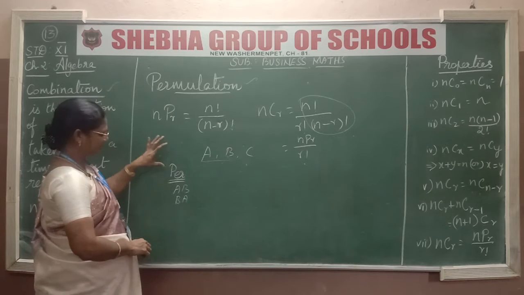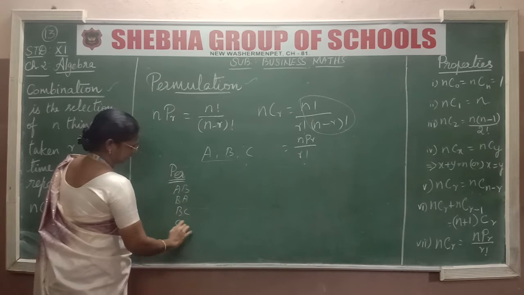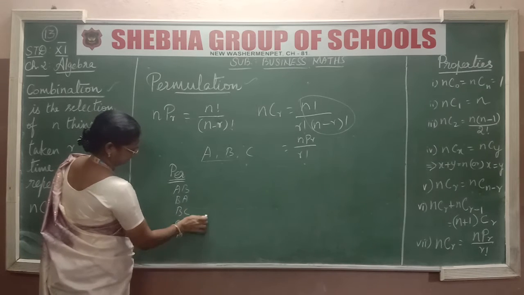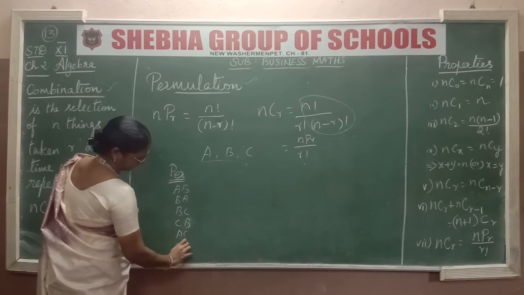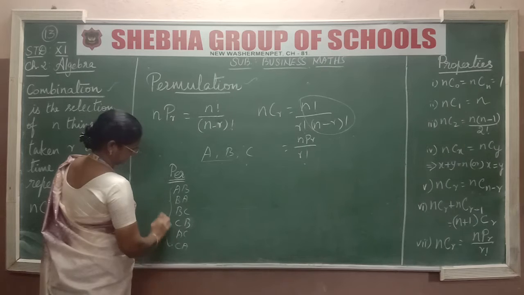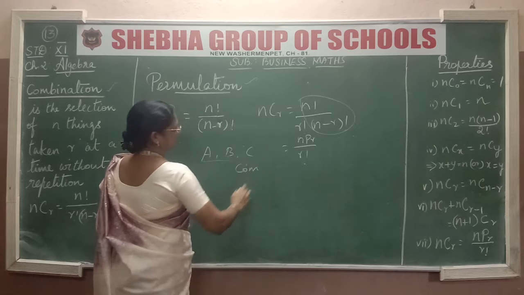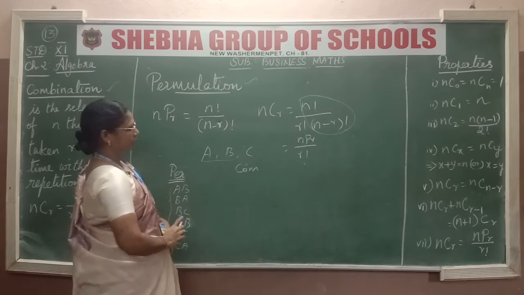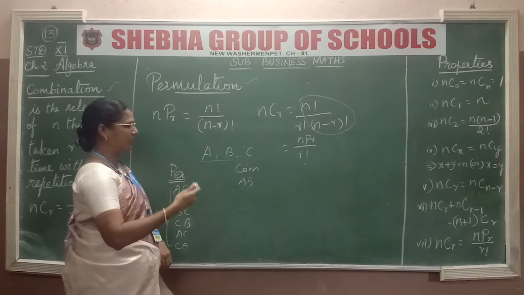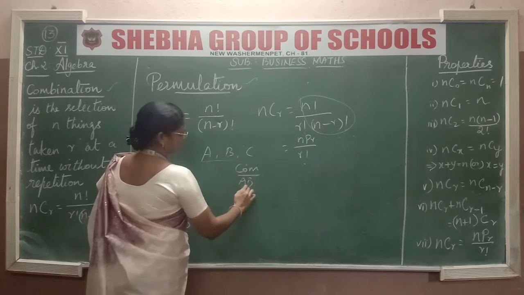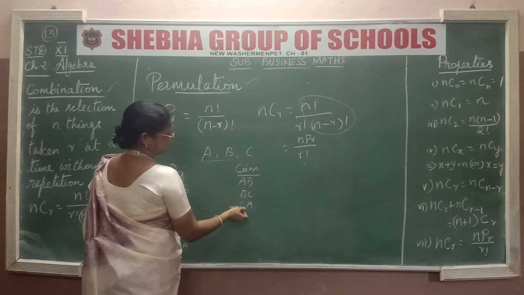Next take BC and CB, and AC and CA. So there are 6 elements in permutations. In combination, order doesn't matter. If you write AB, we cannot write BA because AB and BA are the same in combination. So there are only 3 elements in combination: AB, BC, CA.